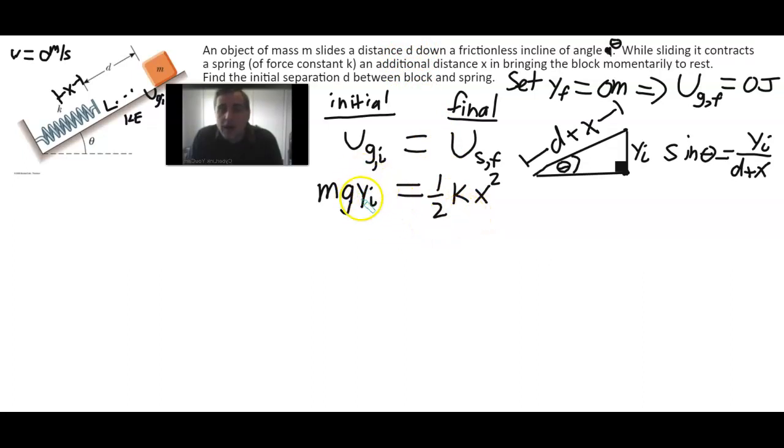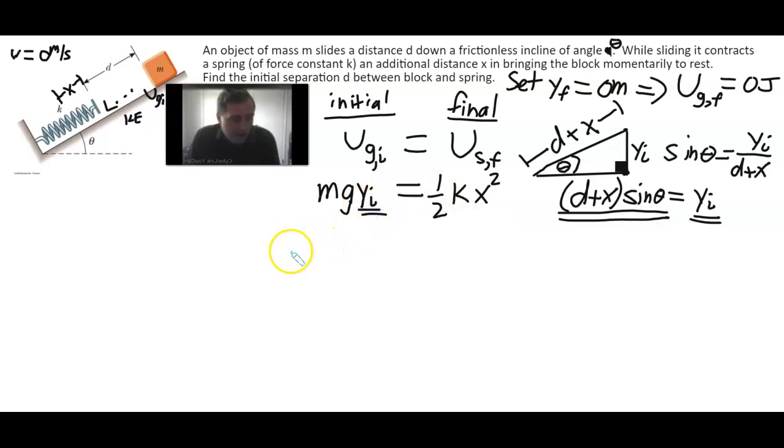So this y initial should probably be replaced from this ratio. So from solving this ratio, d plus x times the sine of theta should equal y initial. Okay, so this term for y initial can get substituted into this expression.